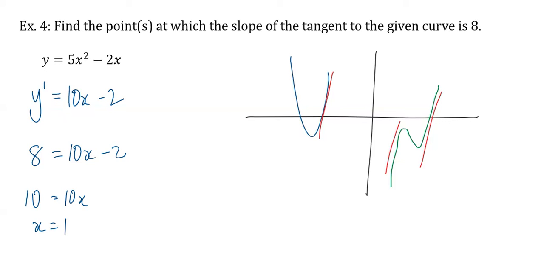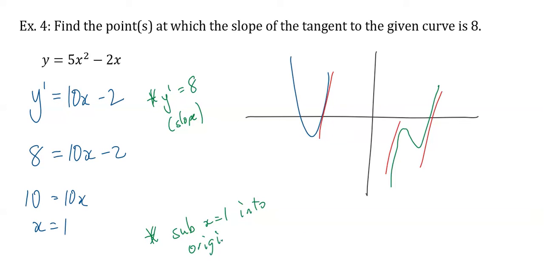And then here, sub x equals 1 into original equation. And since it asks for a point, you should state it as a point, not just leave it as x's and y's.